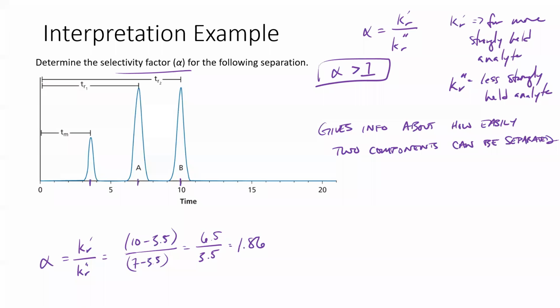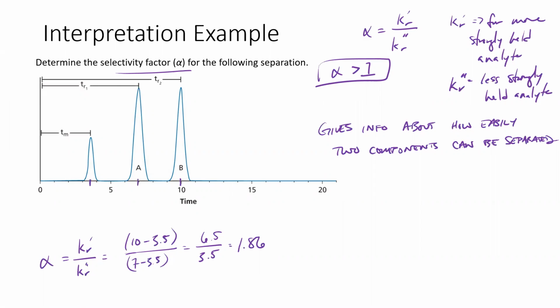and selectivity factors. So K sub R and alpha, and how those are related to one another. The retention factor, again, tells us a little bit about how well a particular analyte is retained, right?